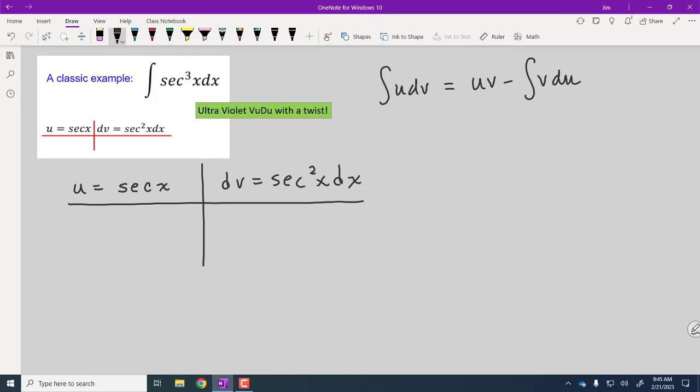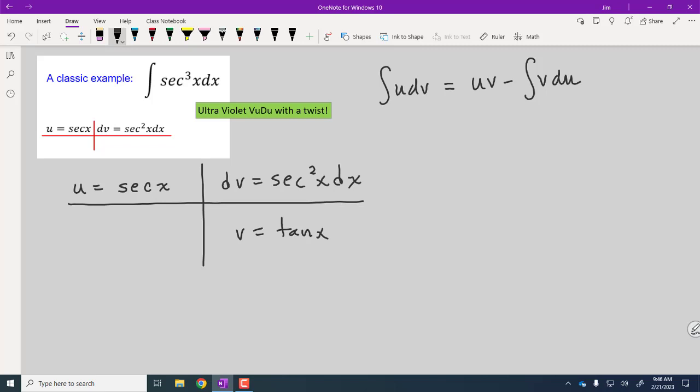And we want to put with the dv the biggest chunk that's easily integrable. Secant squared is the biggest chunk of that that's easily integrable, because we know the integral of that's tangent. So that's why we're going to put secant squared with dv, because we can integrate that super easily. If you put secant there, you would integrate and get natural log of secant plus tangent, which is kind of messy.